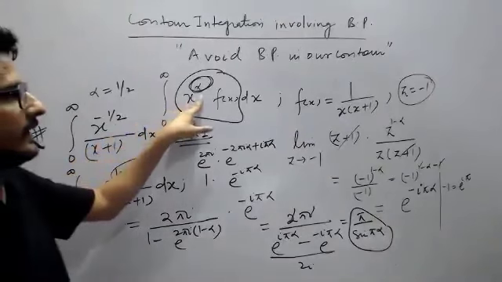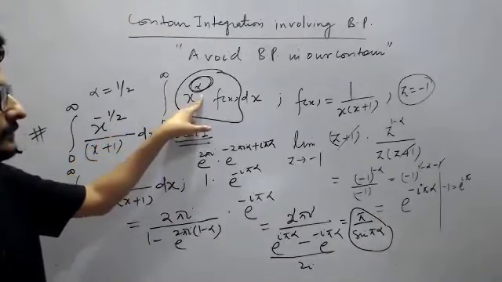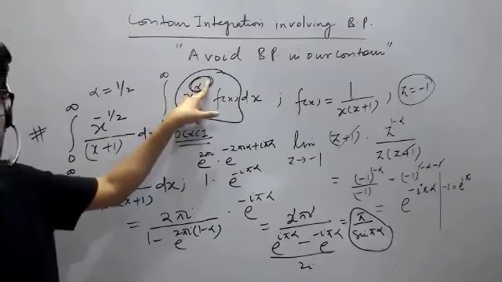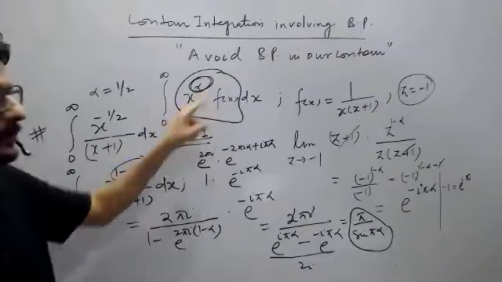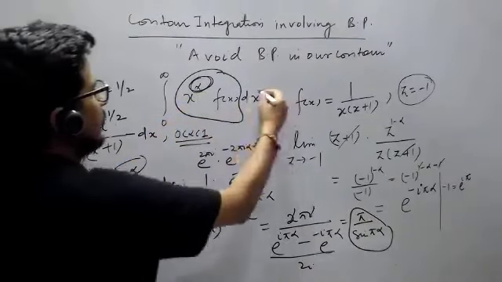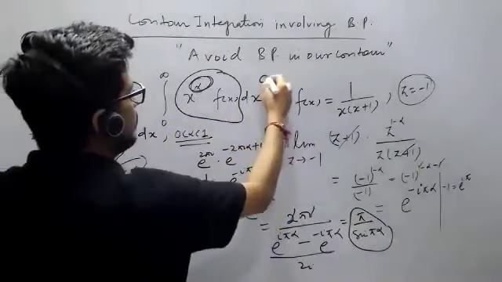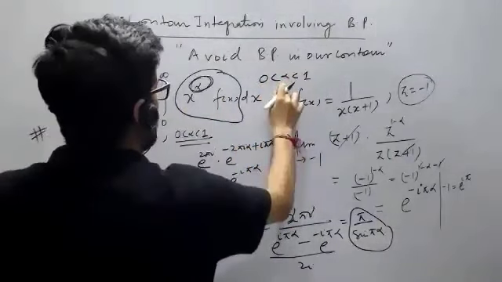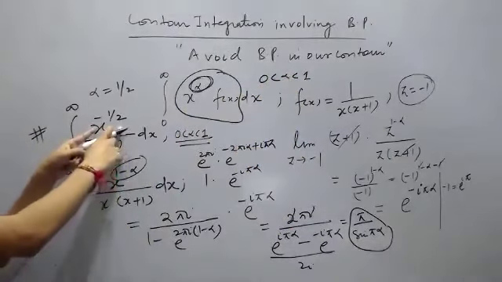But what was in the theorem? x to the power alpha, half. Now alpha is half, so this was between 0 and 1 according to our theorem. This was between 0 and 1. So is this also between 0 and 1, minus half?